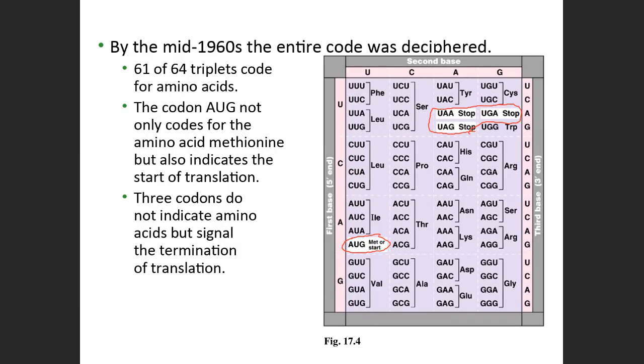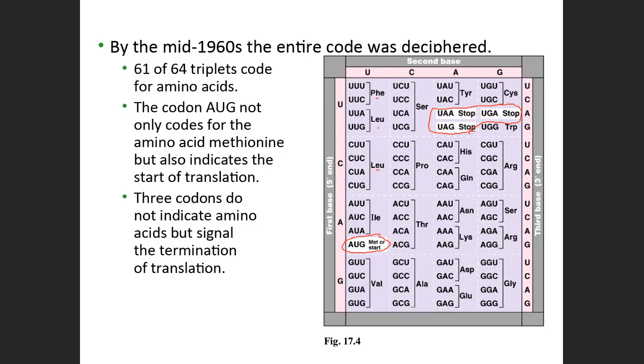Yeah, question, Zoe? I thought it was only 20 amino acids. Well, there are. And if you count, there's only 20 amino acids in the chart, right? Yeah, but you said 61 of them code for amino acids. Right, but some of them are duplicates for the same amino acid.